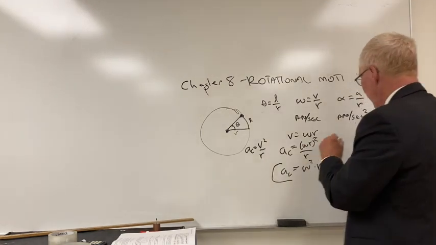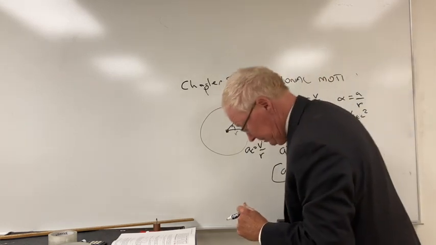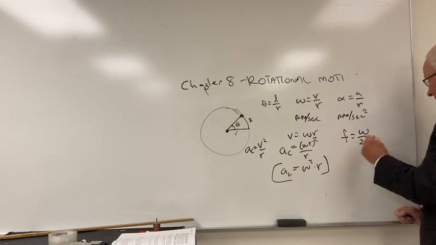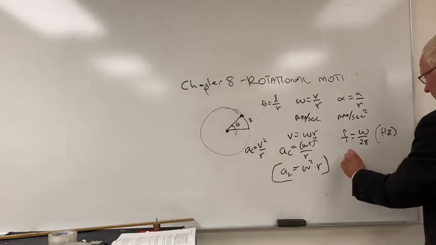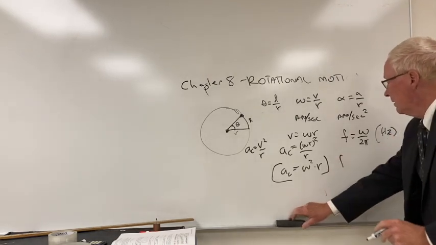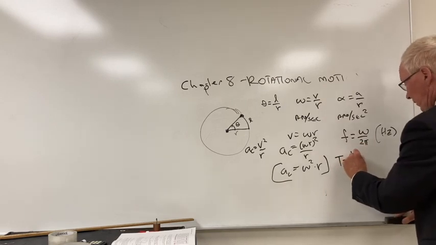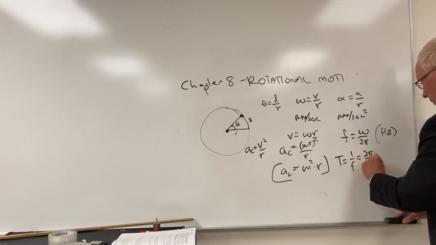The relationship between frequency and omega is given by omega over 2 pi is the frequency. This is in cycles per second or hertz. And again, the relationship between frequency and period is the period is 1 over the frequency, which would be 2 pi over omega.